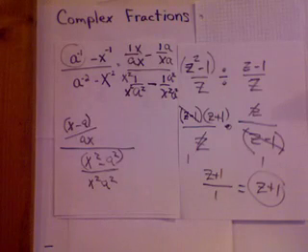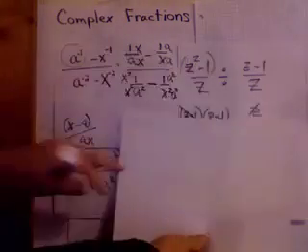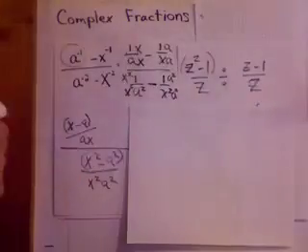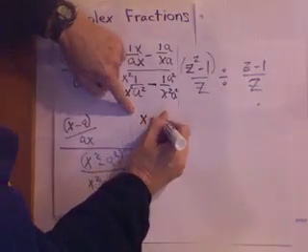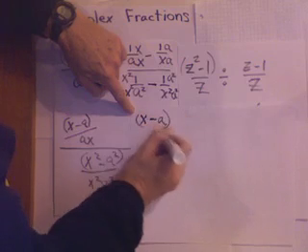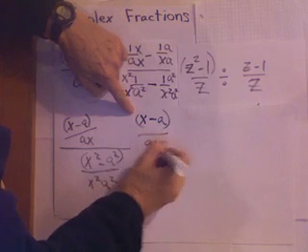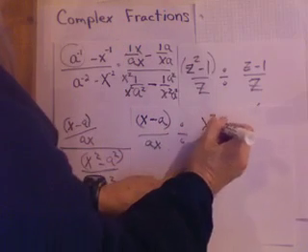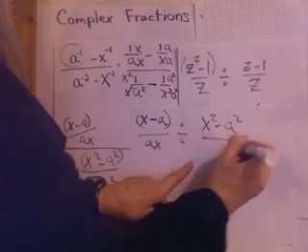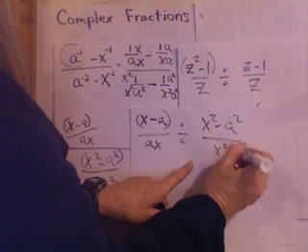And again, if you have a plus or minus sign, make sure you put a grouping symbol there. Now at this point, what do I have to do? Well, let's write it as a division problem. So I have the top, which is the first fraction, x minus a, all over ax. Then I put divided by x squared minus a squared over x squared a squared.